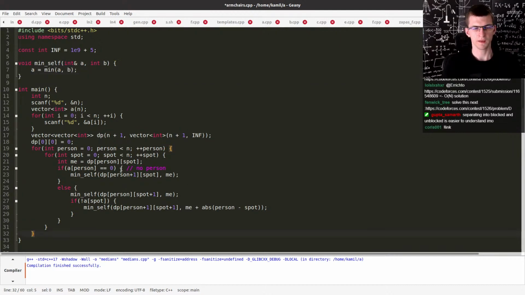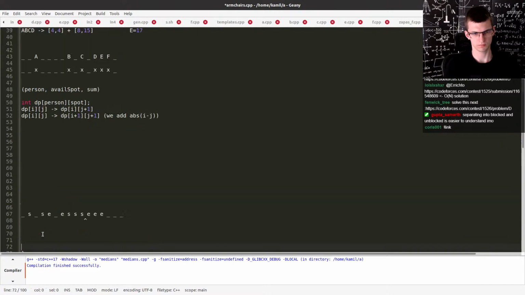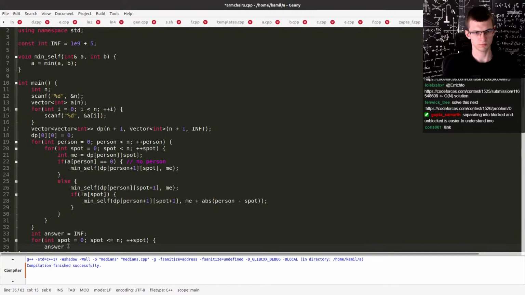Like that. Whenever I get to the end with person, then that's good. This means now I'm looking at person n, so I'm already done with everything before that, and I can look at any spot.